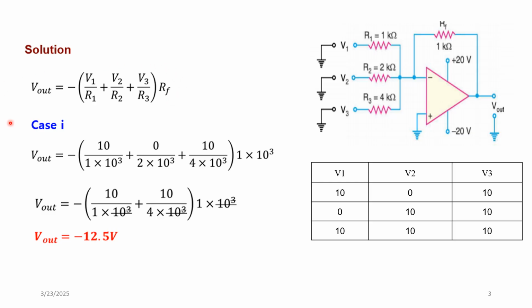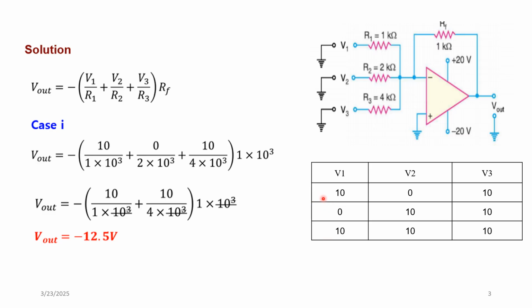This is the general formula for the inverting summing amplifier output voltage. We are going to apply it in each of the 3 cases given.